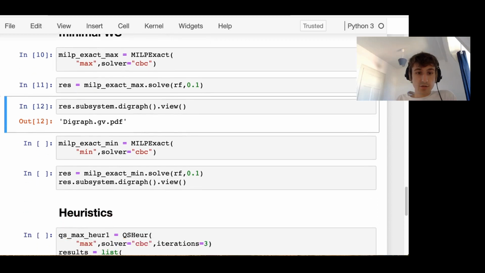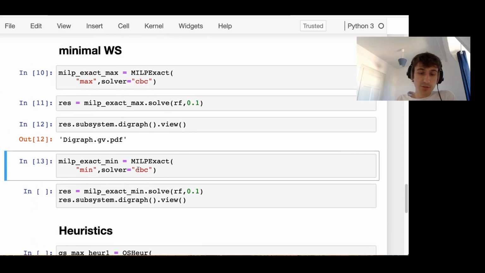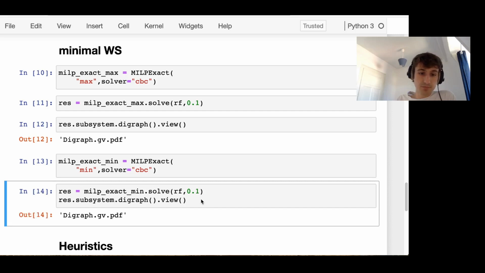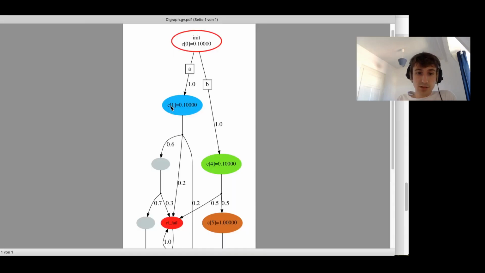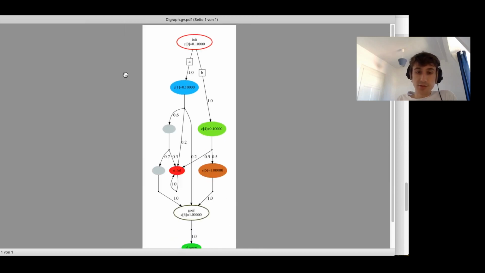Okay, so we can do the same for minimum reachability probabilities. Again, we solve for the same threshold and have a look at the resulting subsystem. And we can see now that the entries of the vector are now on the states. This is the case for minimal probabilities.